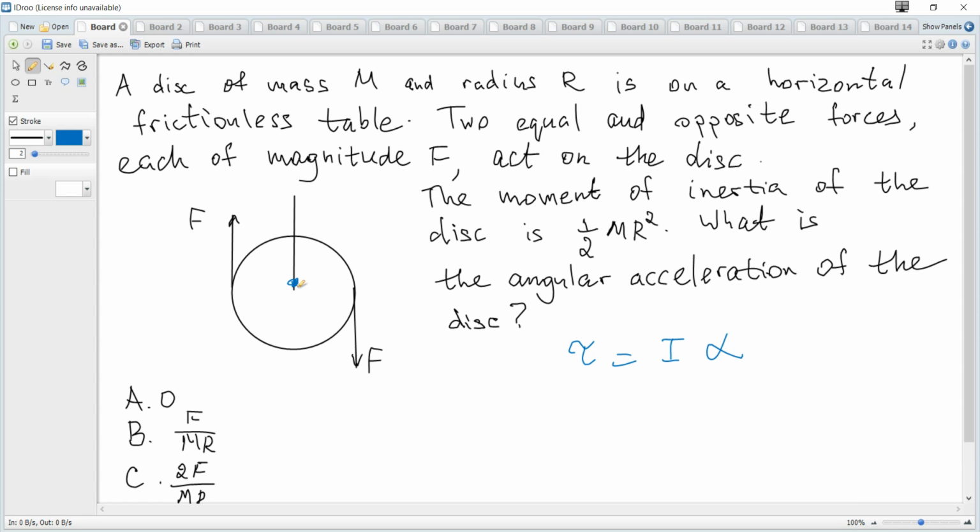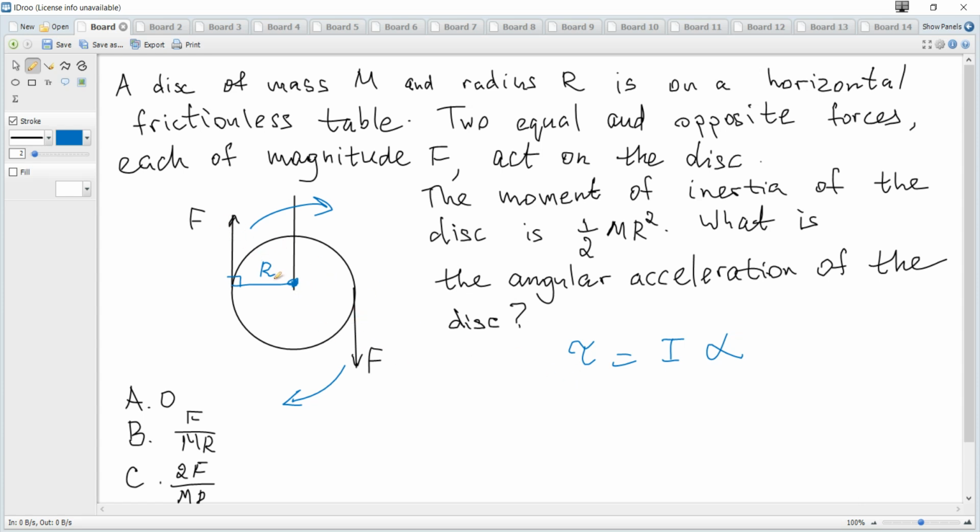Torque by definition, also called the moment of force, is force multiplied by the shortest perpendicular distance, which is a radius here. Since this force tries to rotate the disk clockwise and this one is also clockwise, the net torque is equal to the sum of the torques produced by this force and this.